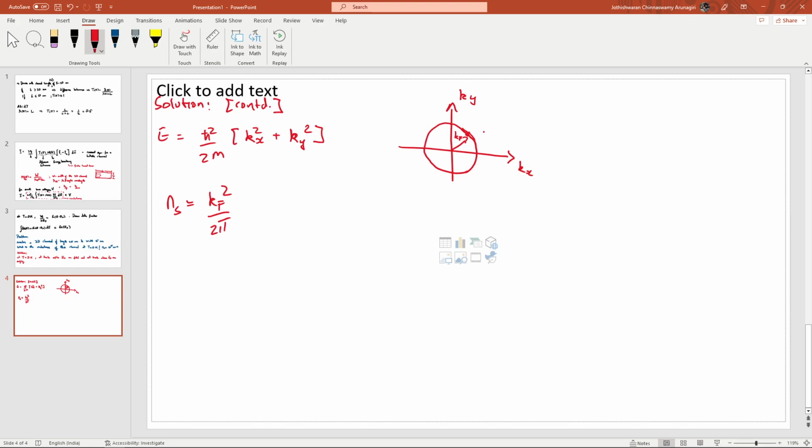So essentially what we are looking at is the area for a single electron in this space.